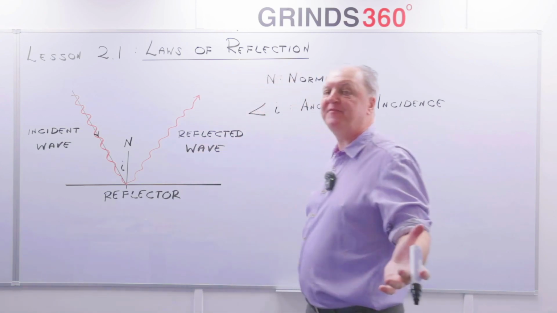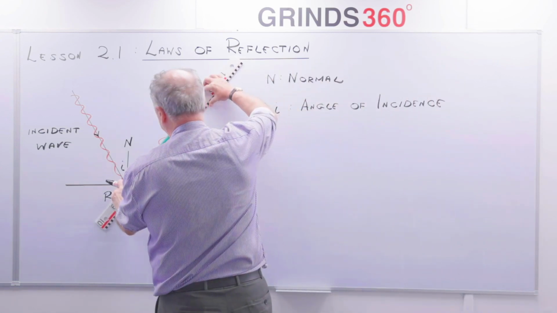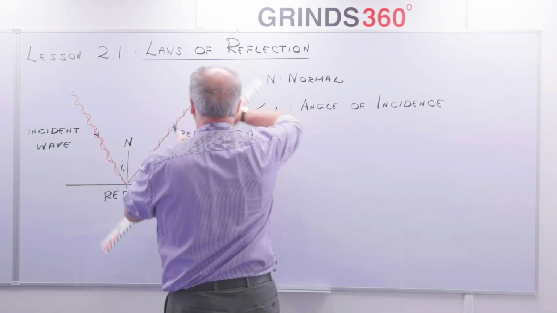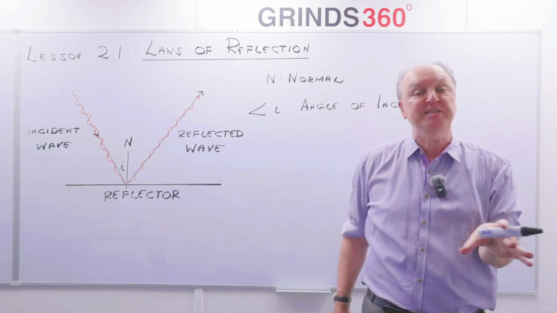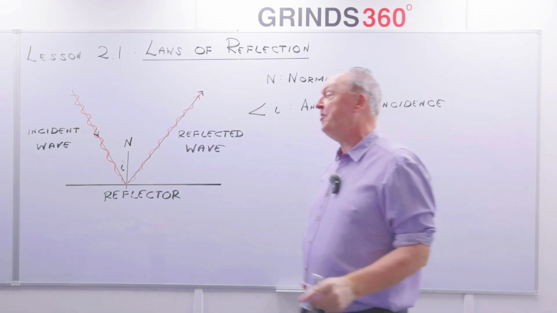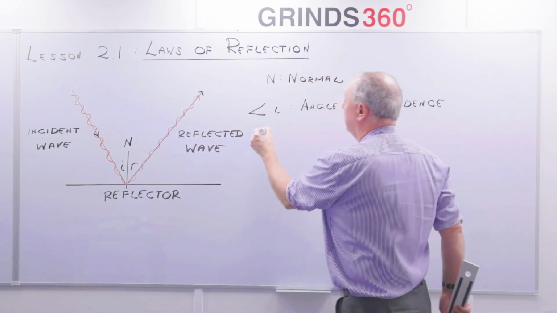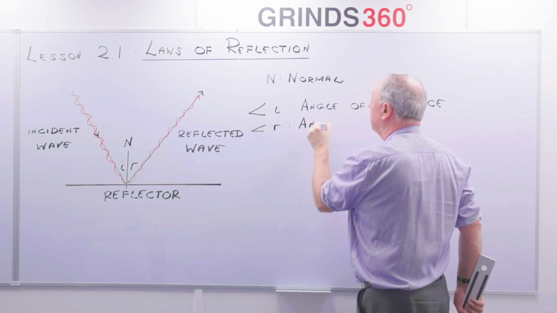Once again, to simplify the process, I might just represent it as a line representing the wave. It's easier to draw. There's my reflected wave. And the angle the reflected wave makes with the normal, that's called the angle of reflection. Angle r, or angle of reflection.